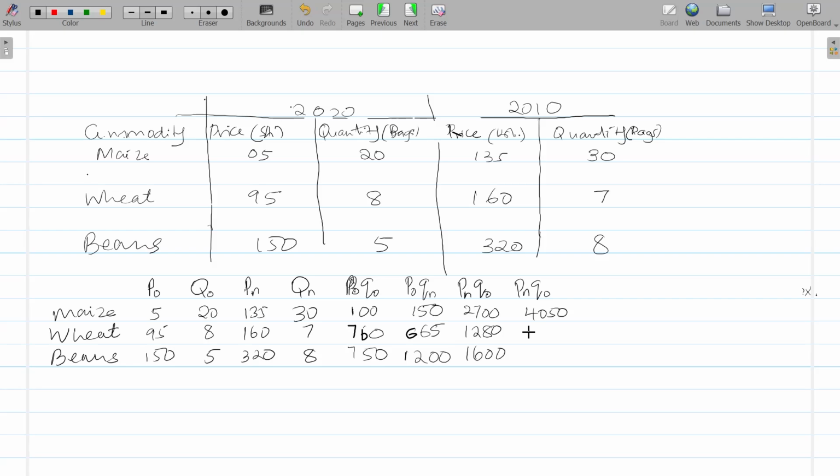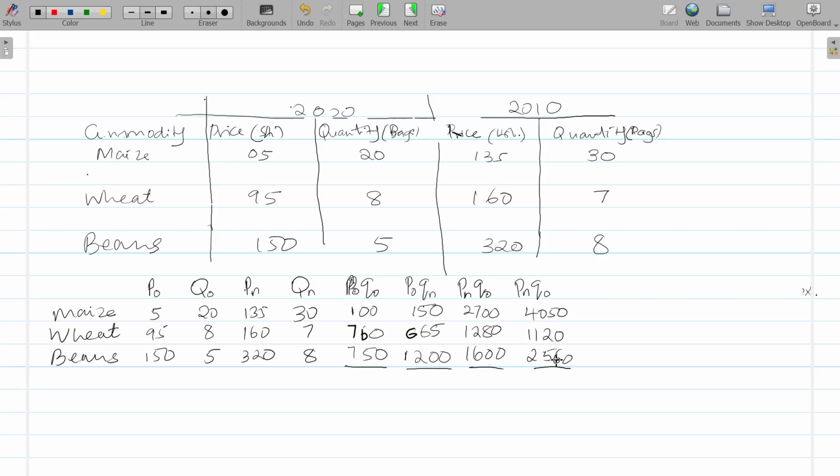Then I go to PnQ0. I got 2,700 using the same direction, 1280 and 1,600. The last column, PnQn, for maize is 135 times 30. I got 4,050. And then for wheat, I got 1120.